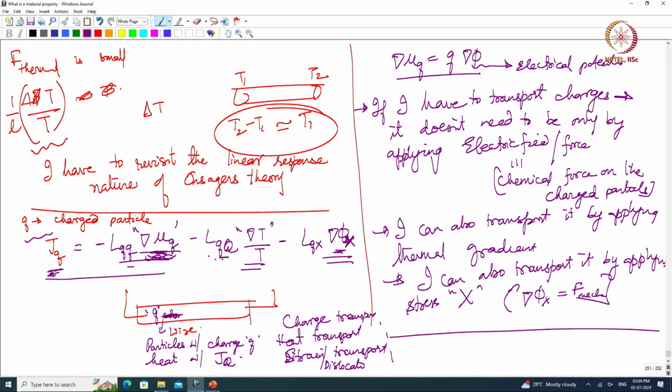The electric field will create separation in charged particles, and that is nothing but the chemical potential of these charged particles. Whether I look at it as gradient of chemical potential or electrical potential, it is one and the same. So these two will be related as gradient of mu q equal to q times gradient of phi.